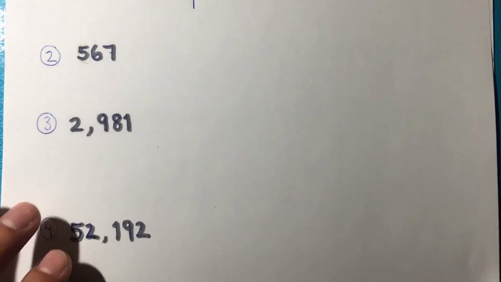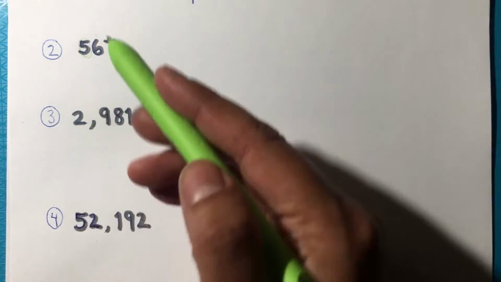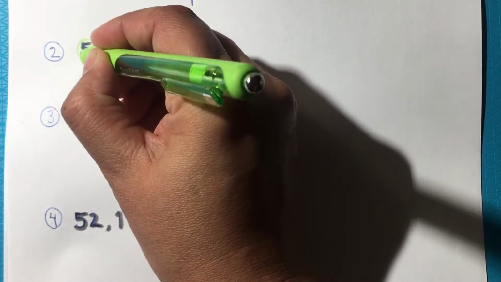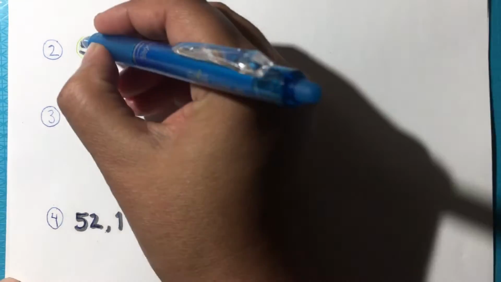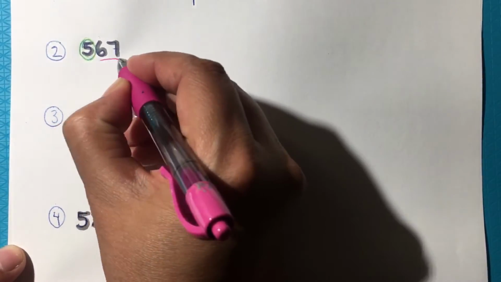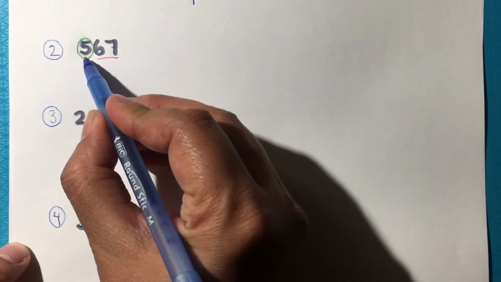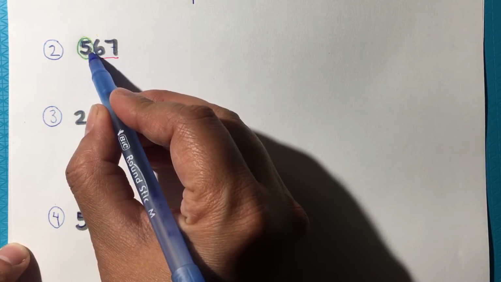For the next one, for number 2, maybe somebody earns $567 in a week or something like that. That's money. So what I would like for you to do whenever you have a group of 3 is to circle the first number of those 3. Let me use a different color. So circle the first one and then underline the other 2. So whenever you circle that, you're going to write and say 500.